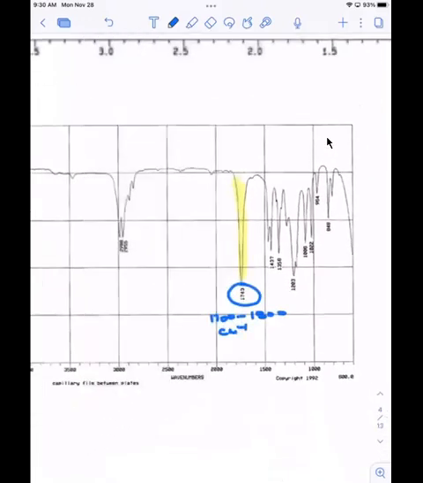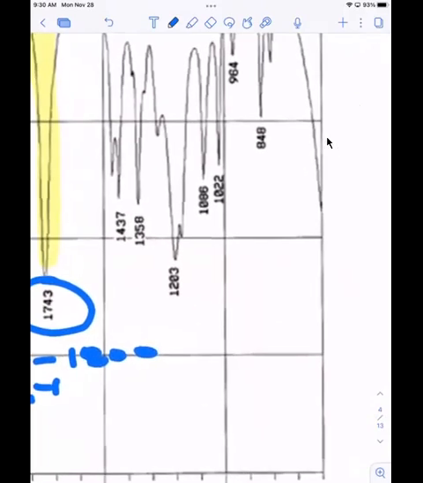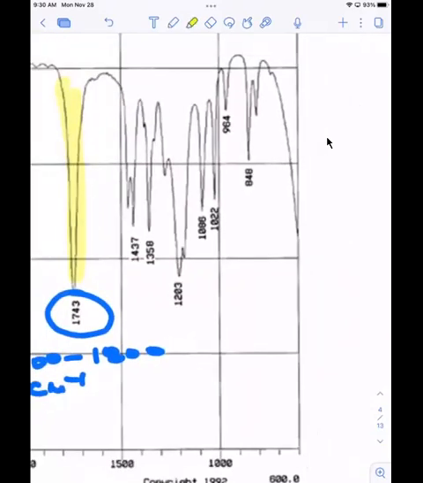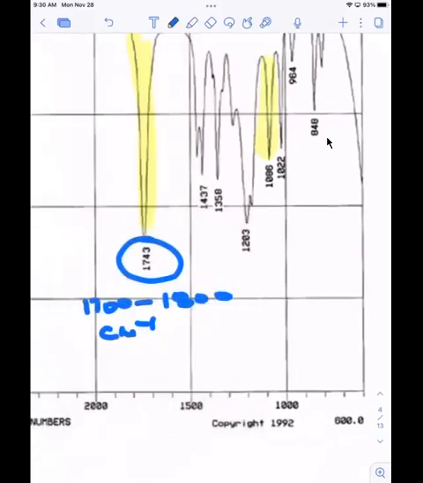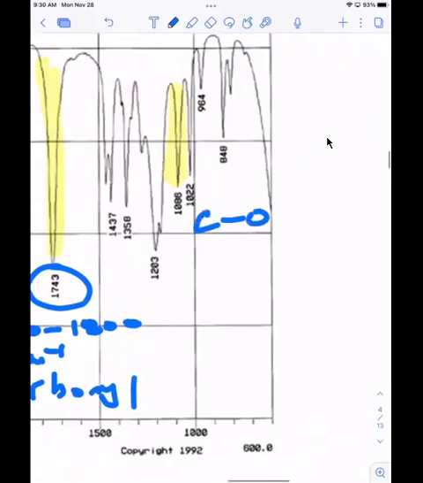That carbonyl stretch can be anywhere between 1700 and 1800 reciprocal centimeters in the infrared. And then of course, it's probably buried in here, but the carbon oxygen single bond stretch is here. So that's your carbonyl, and this is your CO single bond.